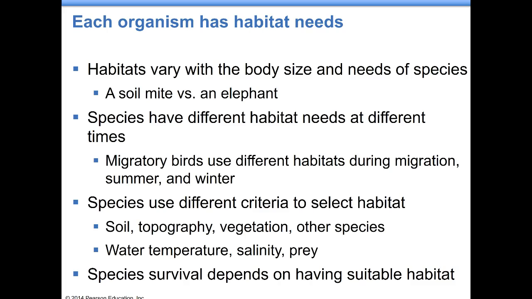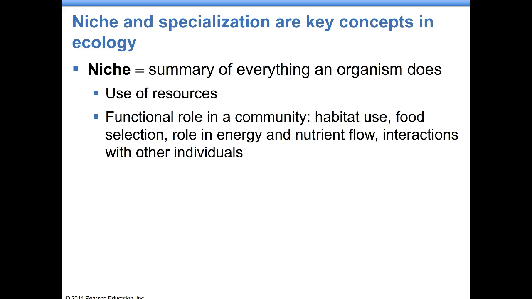But a streamlined trout is able to swim against the current and offer less resistance, so it's going to thrive in that area. Again, the presence of prey is also important. So species survival depends on having that suitable habitat where they can thrive.